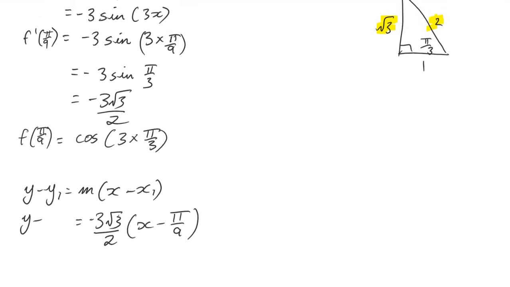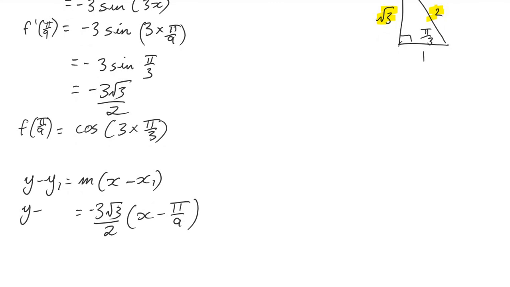Now, going back to our exact value triangle, this ends up being cos of pi over 3. Cos of pi over 3, adjacent over hypotenuse, is 1/2. And we would substitute that in there. Done. That's a tangent line.